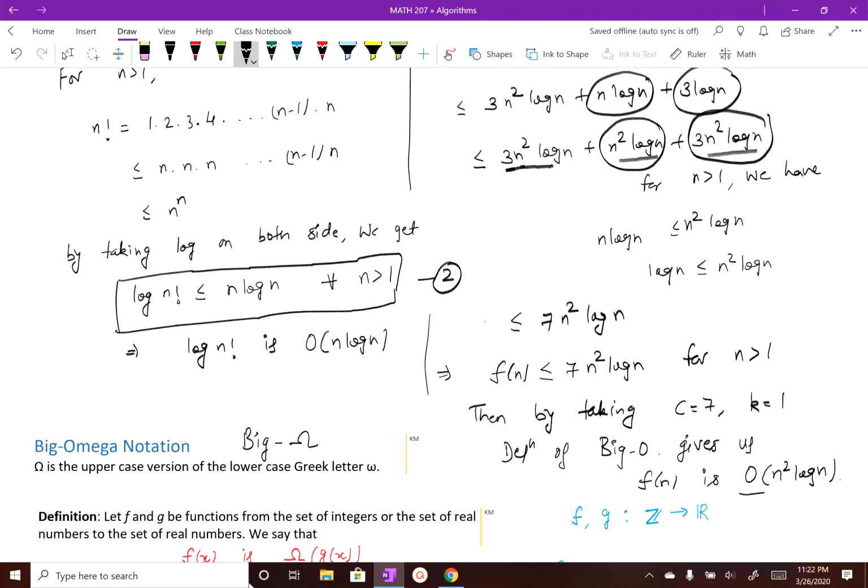Okay, so that's going to be our final answer. So this way we can prove that this given function f(n) is big O of n² log n.